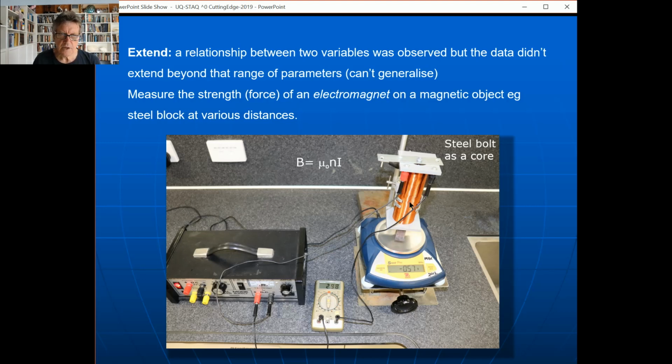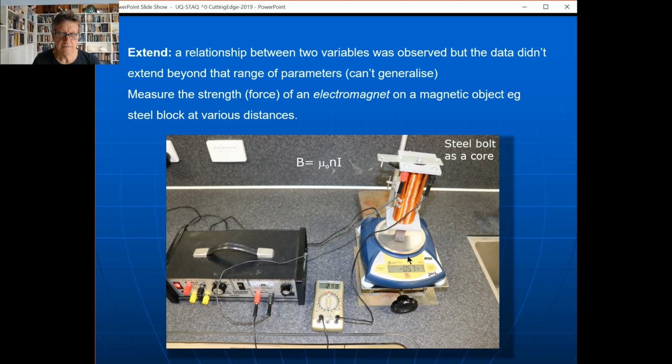So I kept the distance the same. Oh, I've set out various distances. So you can change the distances, or you can change the current. Now, if you change the current, the formula is B equals mu N i, where N is the number of turns per meter for the solenoid and I is the current. So I've got a reading here for the current, look, it's 2.98.